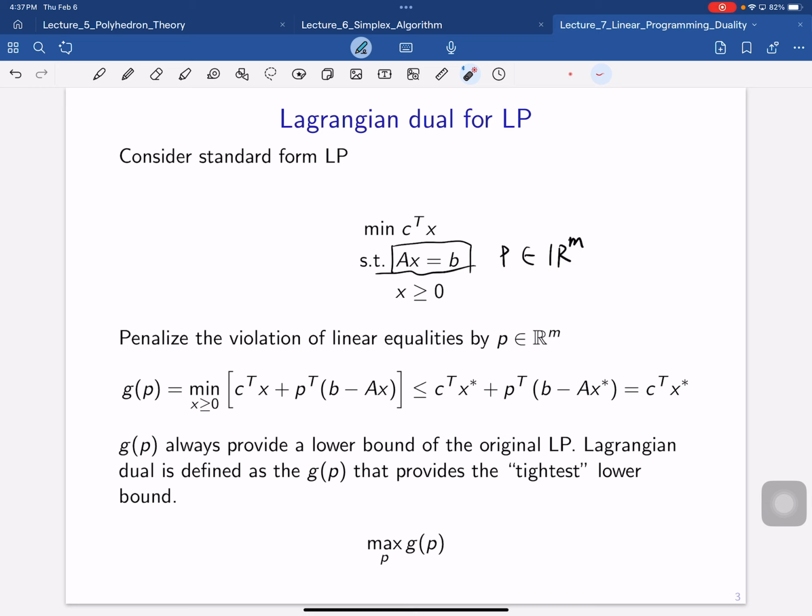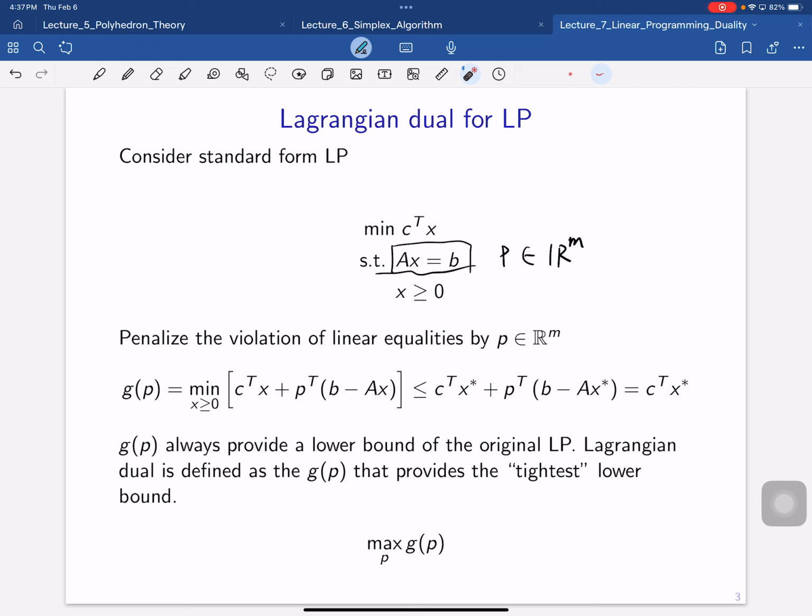Since this is a minimization problem, you have a penalty term here, but you still want to find the minimum over this Lagrangian function. An interesting observation here is this Lagrangian function will always provide a lower bound of the original problem. That is a key observation here.